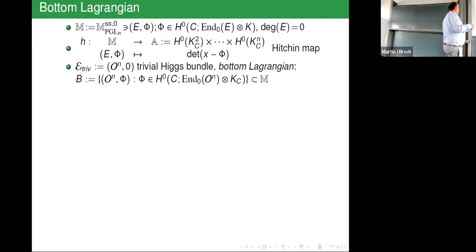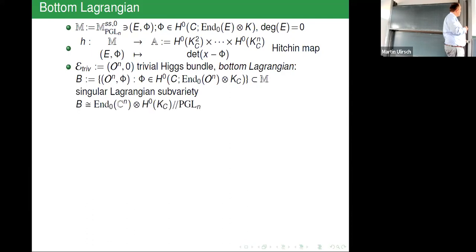And this is actually very easy to say. So these are the Higgs bundles flowing between the trivial one and the rest. When you do the theory, you have to take the S-equivalence class as such. And so this is actually going to be a very singular Lagrangian subvariety, but it has a wonderful independent description.